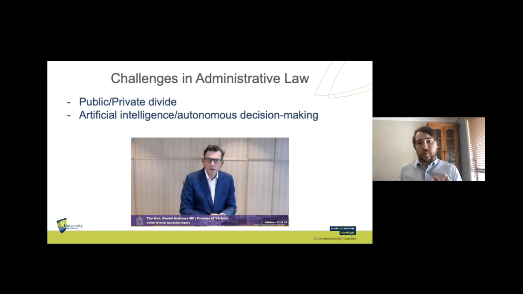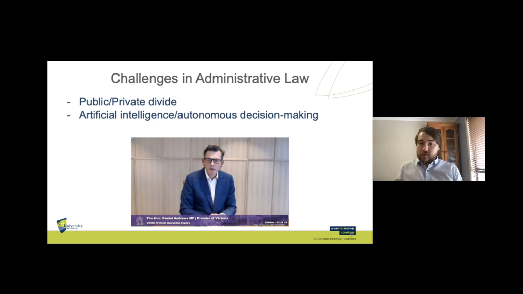So this is really good because it means that decisions are made faster. For example, you apply to a government for particular funding, you want to renew your license, the turnaround time is really quick compared to when it's a human making the decision. It can take a lot longer.